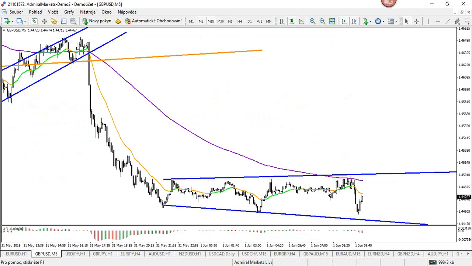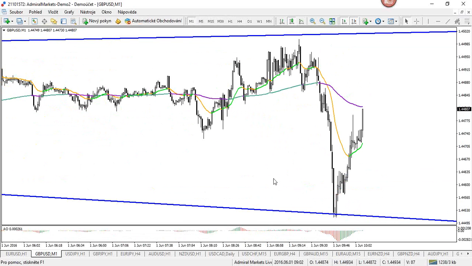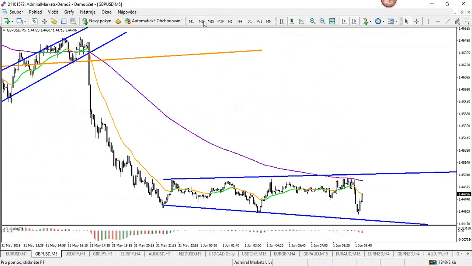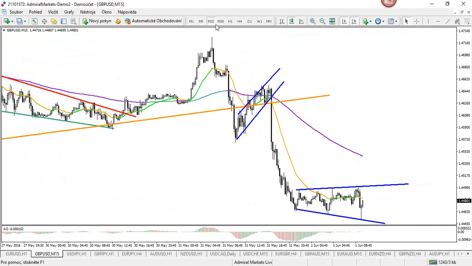Now, the only problem is this is quite a small pattern. It's actually a 5-minute pattern, which means a 1-minute continuation. That is a bit not so good. So let me think this through again. Let's put a fib from here to here. Oh, that's not a fib.